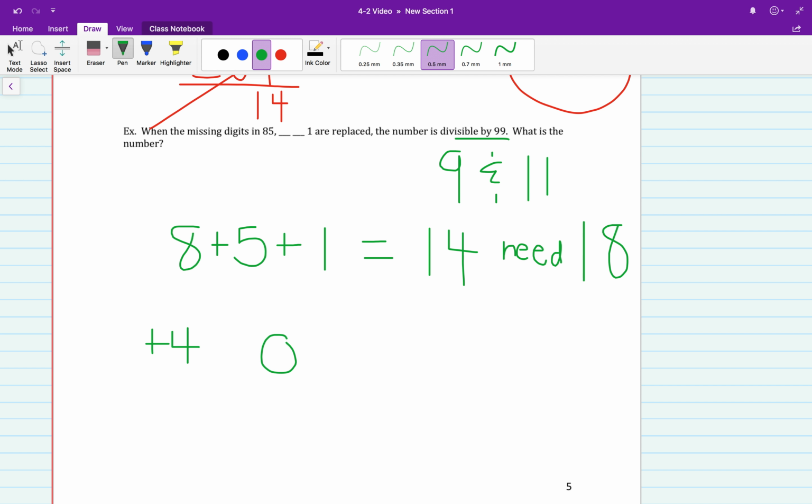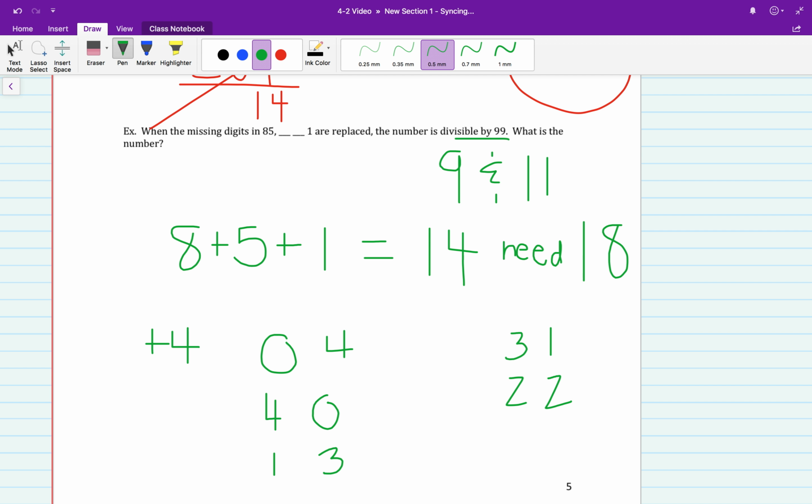Remember, it's 2 digits. So sums that add up to 4. So I could have a 0 and a 4, and a 0, a 1 and a 3, and a 1, and a 2 and a 2. So just make sure you're following me. I'm saying I could have the number 85,041. Again, I'm getting that from right here.